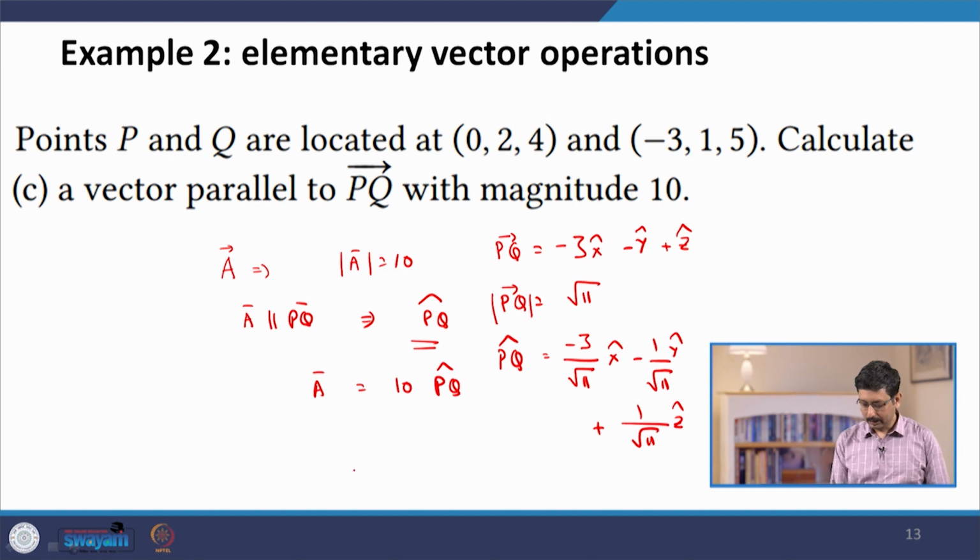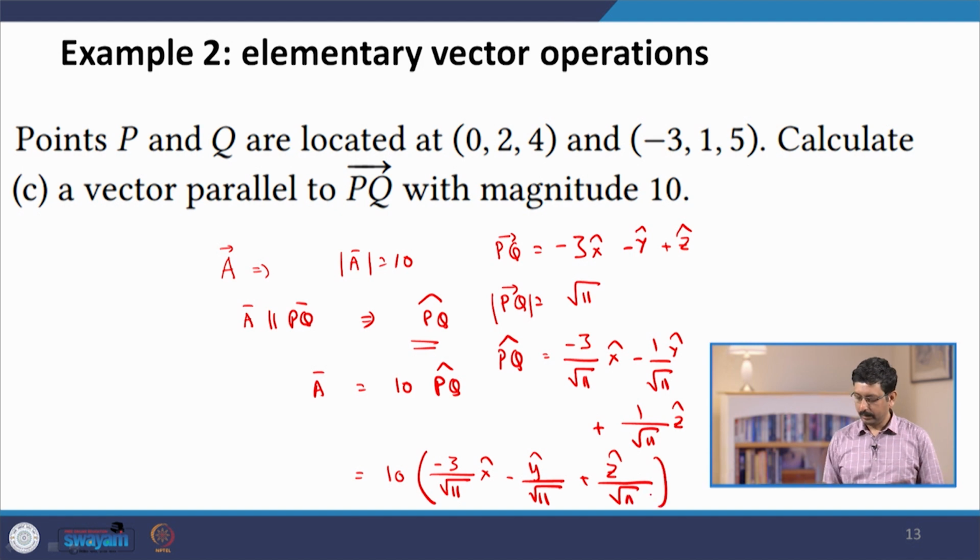So, then the answer is A is a vector which is, so this is the answer. You can again verify that the magnitude of this vector is 10.